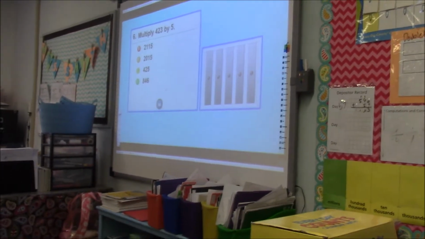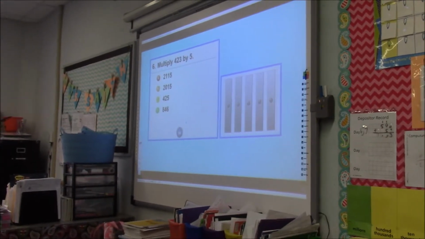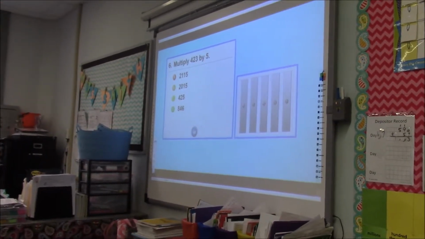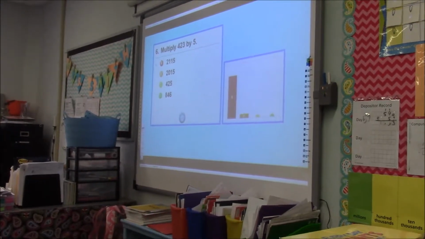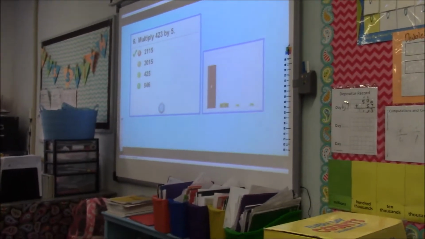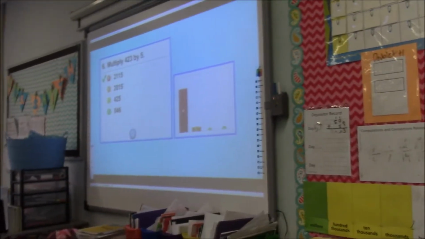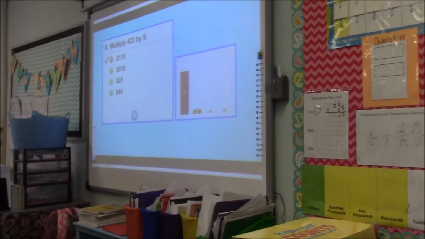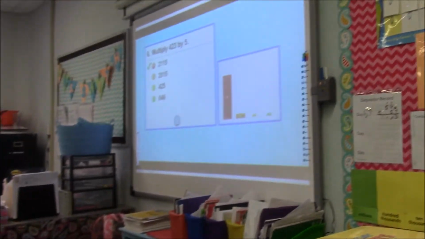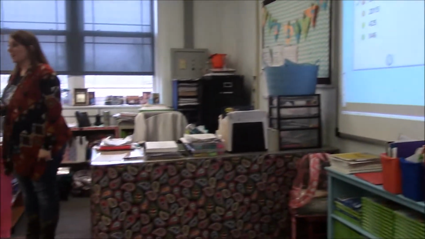Choose your answer. 5, 4, 3, 2, and 1. Let's look. Oh, I hear some friends who weren't quite sure, but overall, our class is still on target. It looks like almost all of our friends are choosing the correct answer. Very, very good. This was a 3-digit by a 1-digit multiplication problem. 423 plus 5 times. Very, very good.